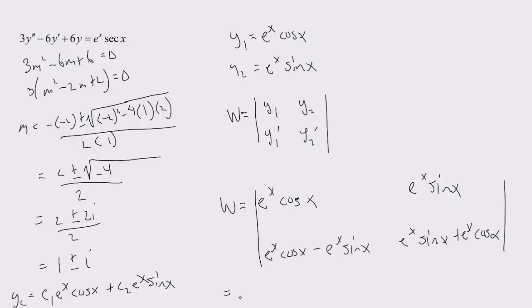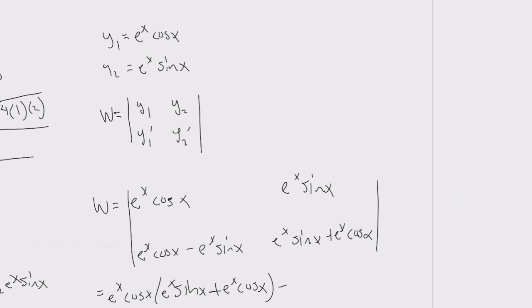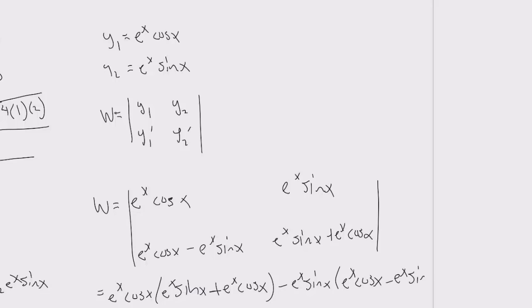Let's see, e to the x cosine x times e to the x sine x plus e to the x cosine x, and then minus, and I'm going to run out of room, so I'm going to scroll over, e to the x sine x times e to the x cosine x minus e to the x sine x.